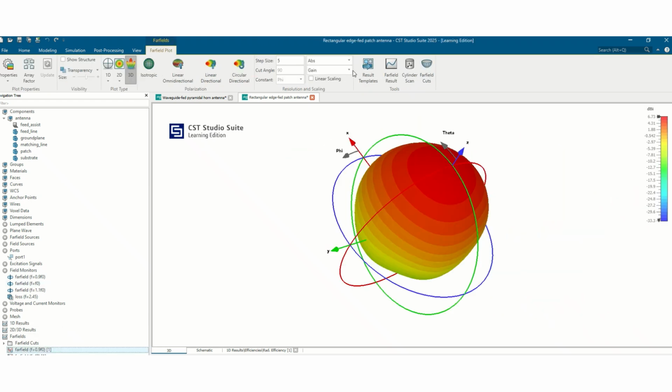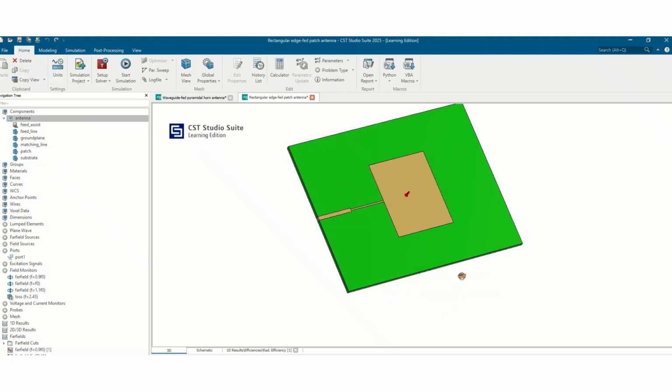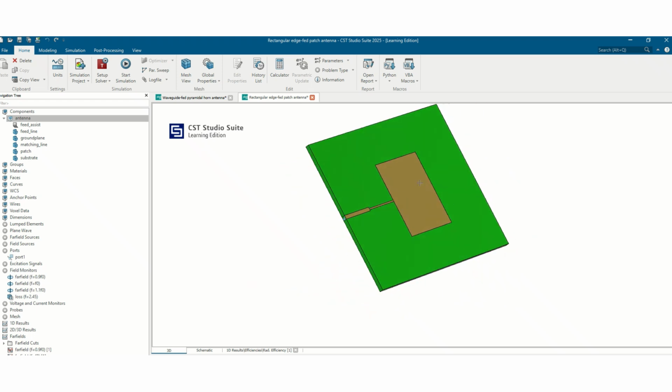So here you can see that the directivity of the antenna is around 7.49, and if I consider the gain of the antenna, you can see there is some reduction of around 0.7 dBi. So this reduction in gain with respect to the directivity is due to the conduction losses and the dielectric losses, because this antenna consists of both dielectric and the metals.